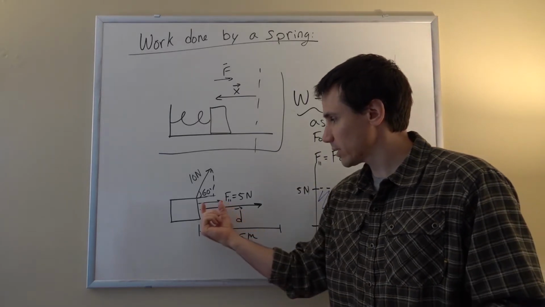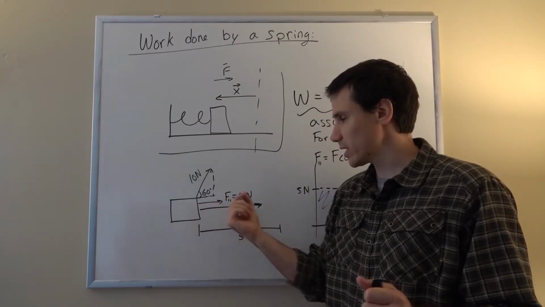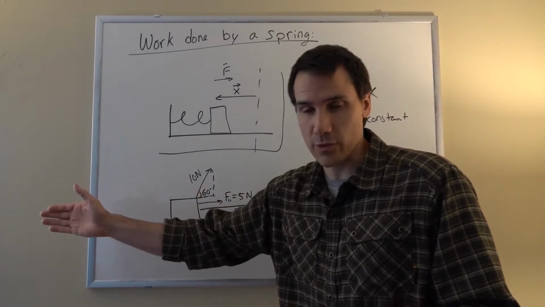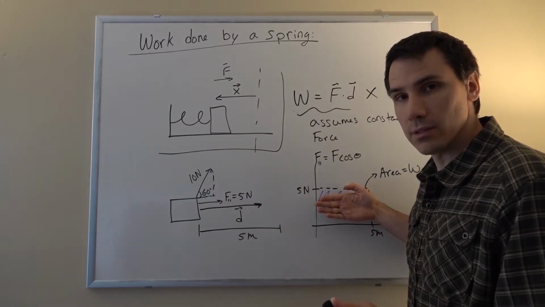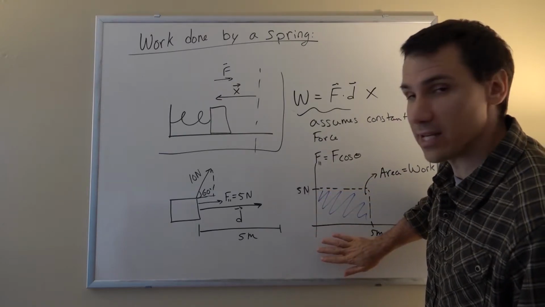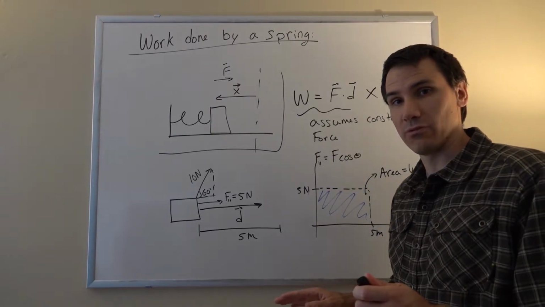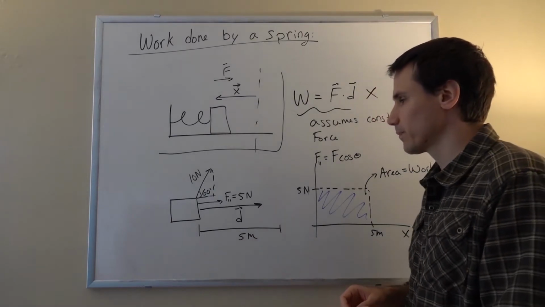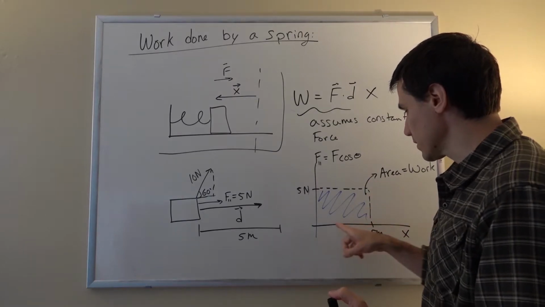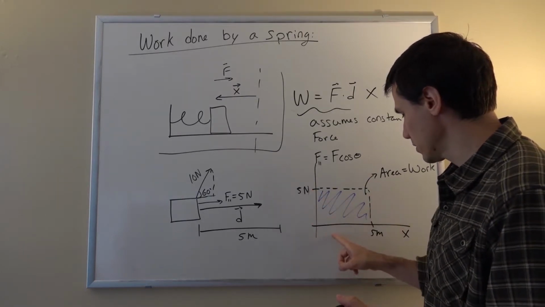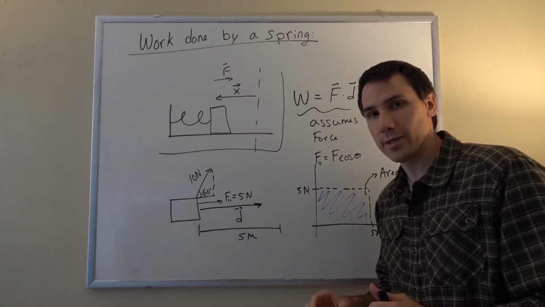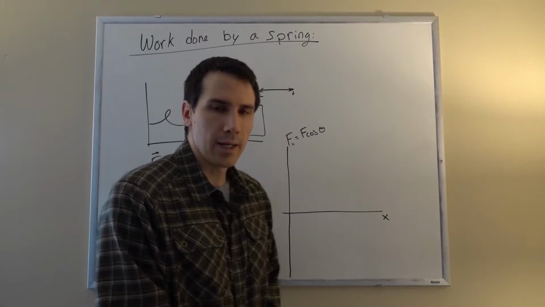As long as you can find the component of that force that points in the direction that you are moving, and even if it points against the direction that you're moving, all that would happen would be that your force, instead of being a positive force, would be a negative force, and your area would be negative, leading to negative work, right? So as long as you have a constant force, you get a nice box, and you simply multiply your force by your displacement, and that area tells you the work that was done by that force.